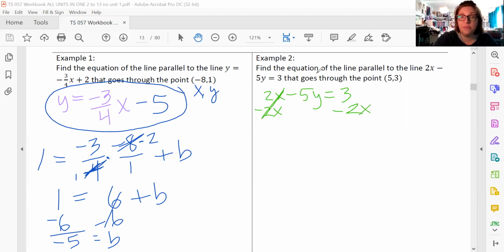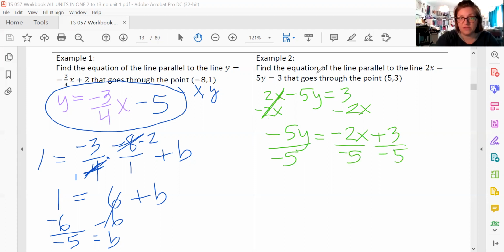So I'm going to have to manipulate this a little bit so that I can figure out what the slope is easily. I'm going to move that 2x over, and I'm going to subtract it because it's crossing the equal sign. I'm left with negative 5y equals negative 2x plus 3. I'm going to divide everything by negative 5 because I want to get that y by itself.